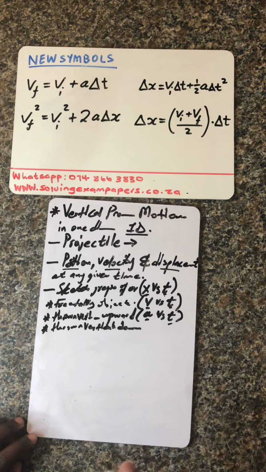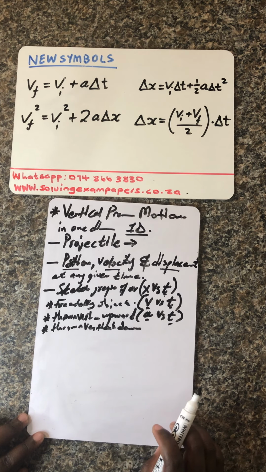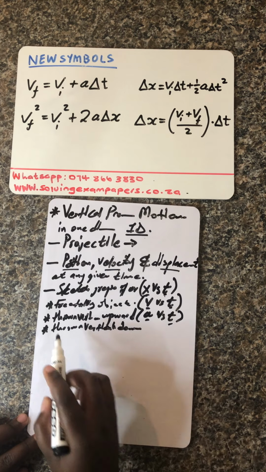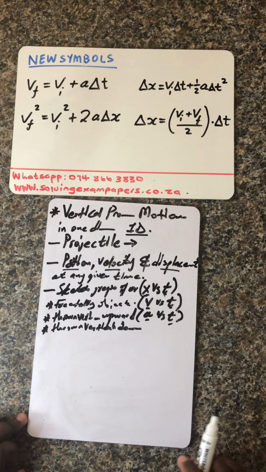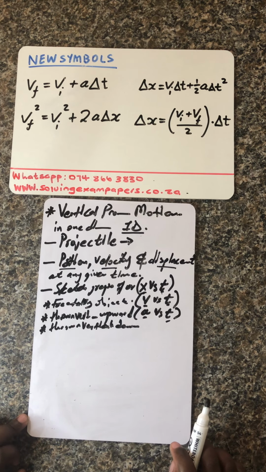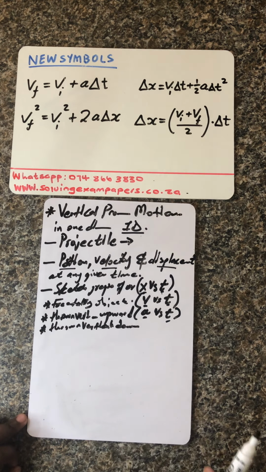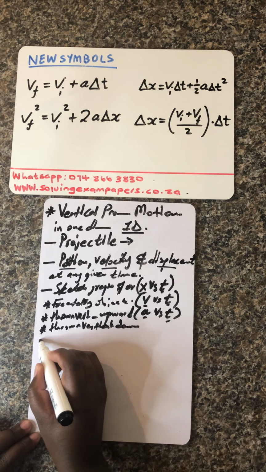Okay, do not worry that much about what the graph or sketch looks like for an object which is thrown vertically upwards. I'm still going to make a video where I teach you about all of that information, but for now you just need to know that under vertical projectile motion in one dimension, this is all that you need to be aware of. This is not the only information, ladies and gentlemen.